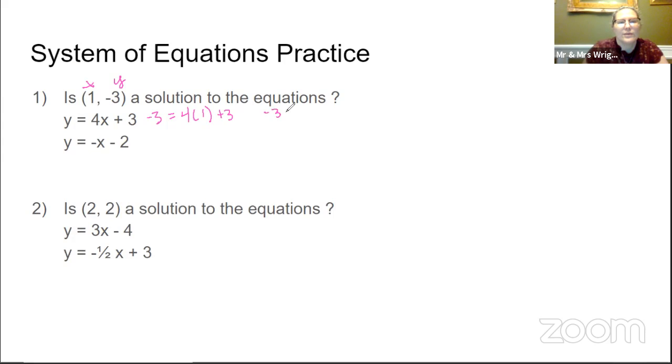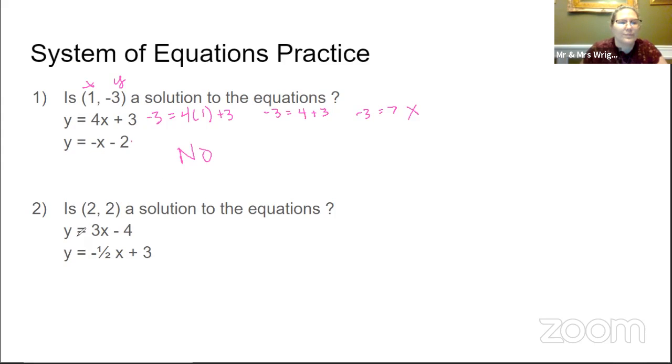So I get -3 equals 4 plus 3. Okay, this isn't looking so hot. -3 equals 4 plus 3, 4, 5, 6, 7. That is not a true statement. I don't even need to continue on and check this one. The answer is no, it is not a solution to this system of equations.